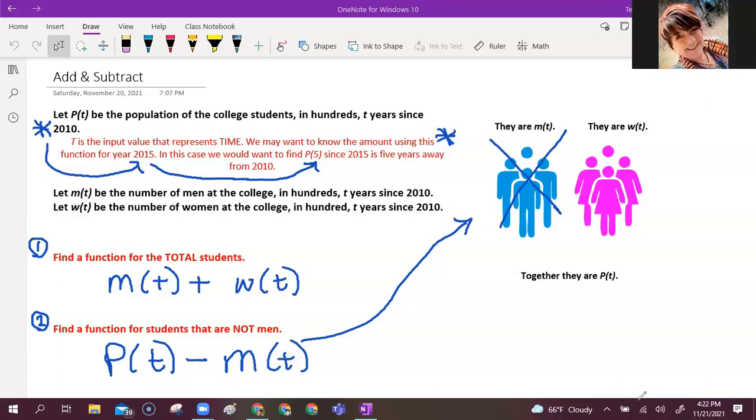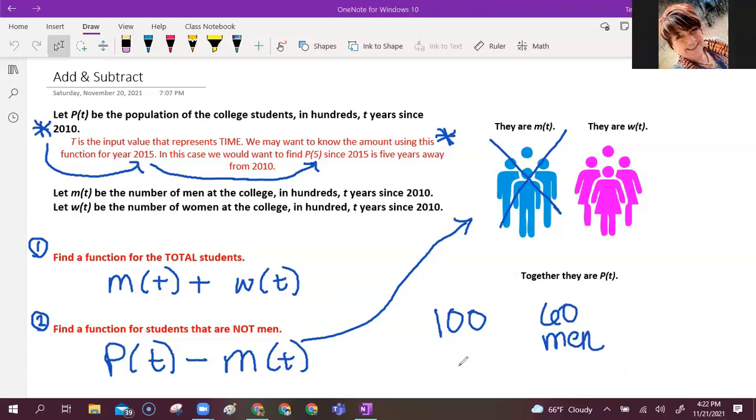So you're just showing how you can take two separate things and figure out how you can find the total, because sometimes we might not know how many men, but we might know the total. So you can write a function. If I told you there's 100 students total, and then I told you that 60 of them were men, what are you going to do in your head anyway?